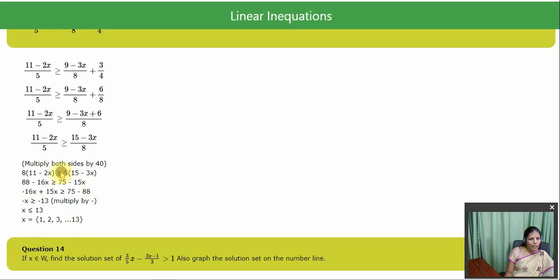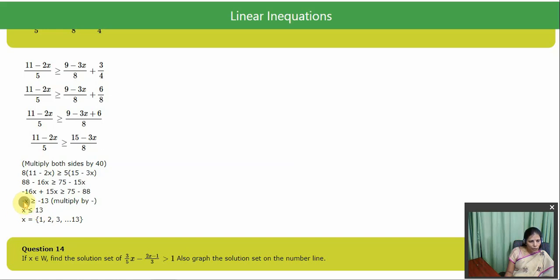Now bring all the x to one side and all the numbers to the other side. So -16x, this -15x when it comes to this side becomes +15x, ≥ 75. 88 when it goes this side becomes -88. So when you simplify you get -x ≥ -13.